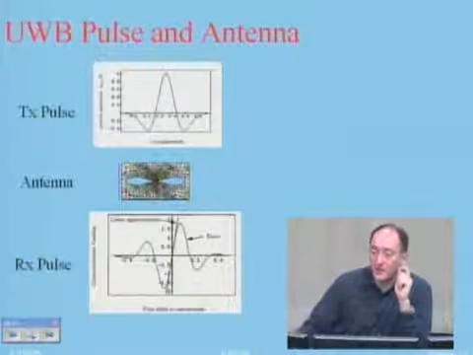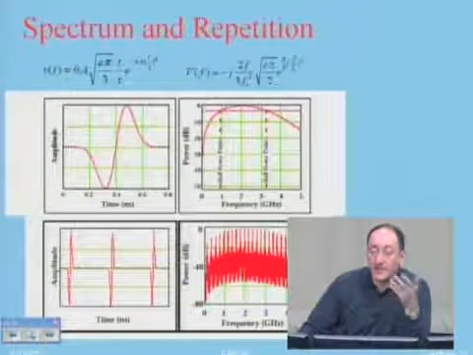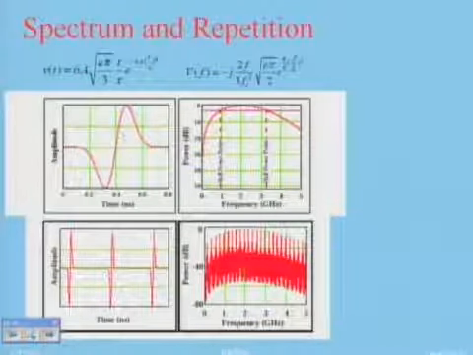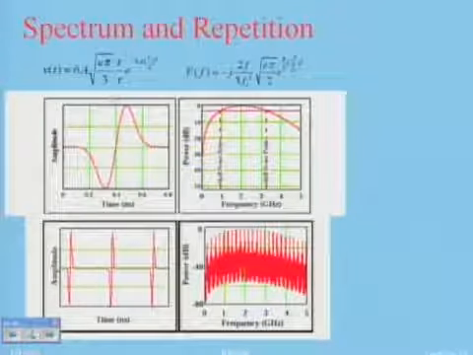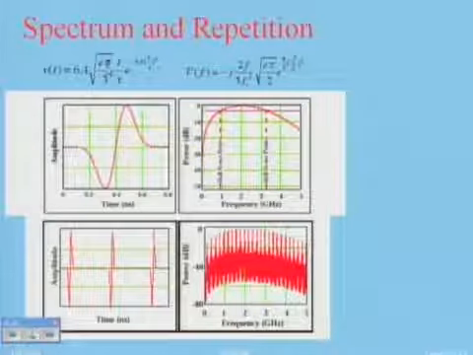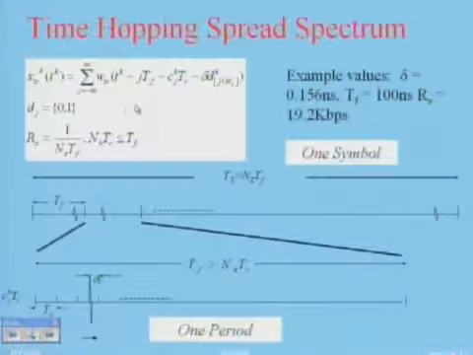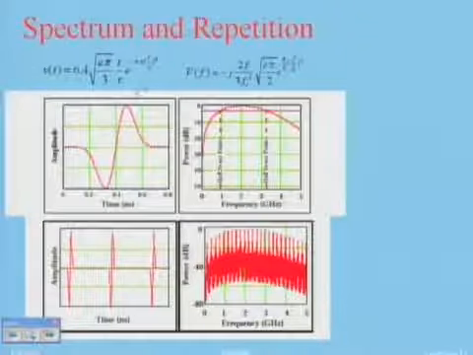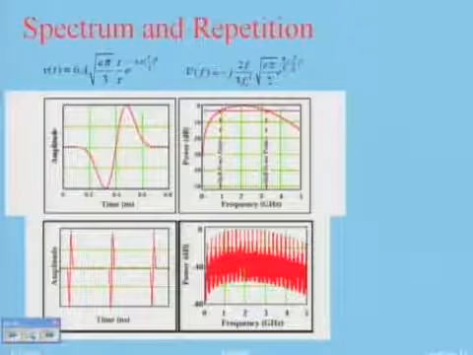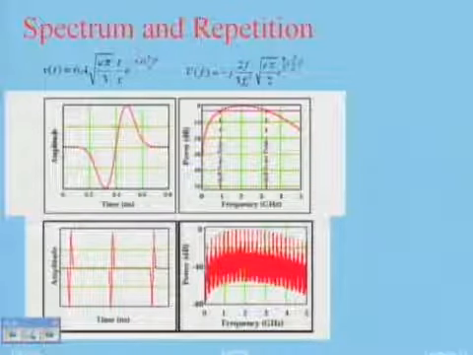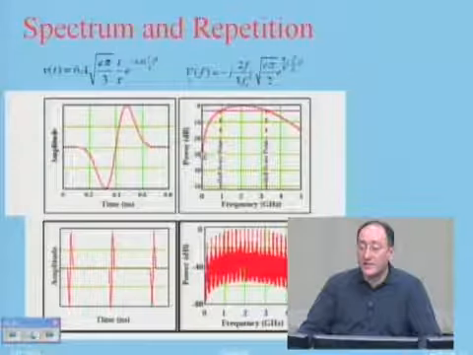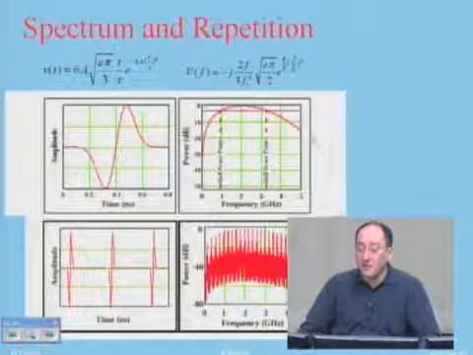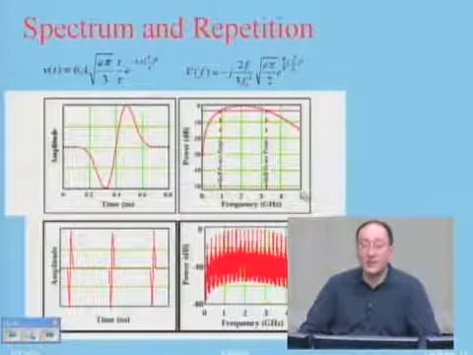Now, the next step is, okay, what is the spectrum of this pulse? This is my received pulse, which can be represented by an equation like this. This is one of those. If I assume it's of this form, take the Fourier transform of it, and sketch it, I have something like this, which goes from 0 up to 5 gigahertz.